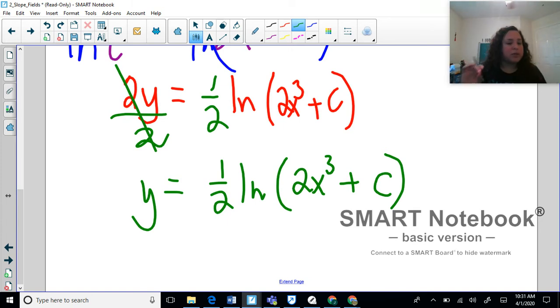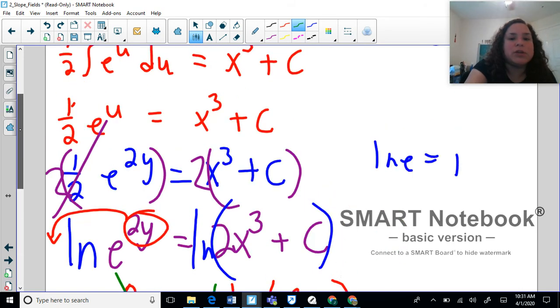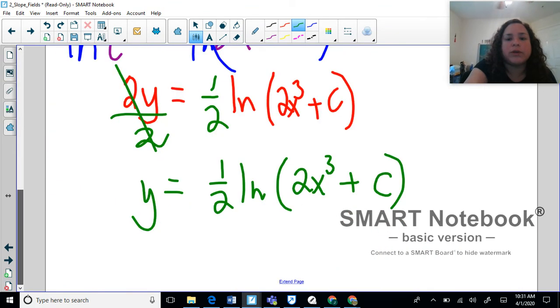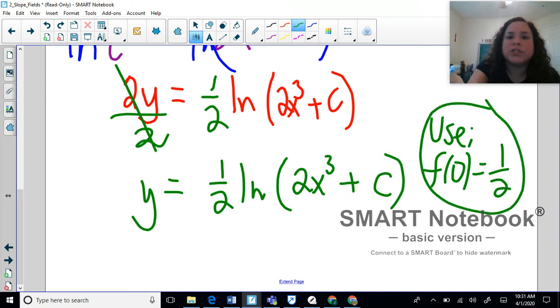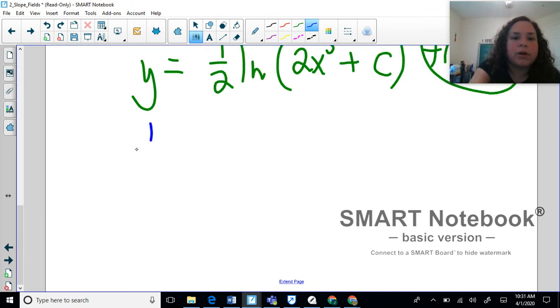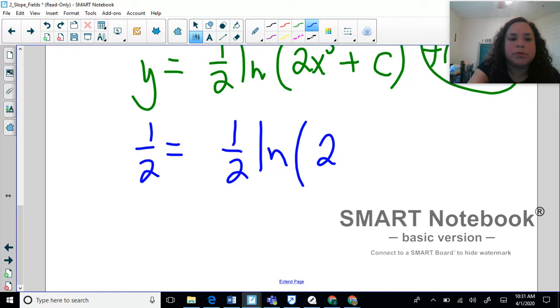Now what we need is not the general solution but the particular solution for the initial condition f of 0 equals 1/2. So we plug the initial condition back into this equation: 1/2 for y, and 0 for x.